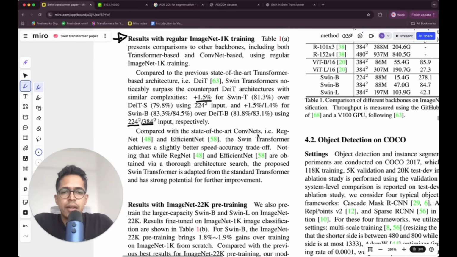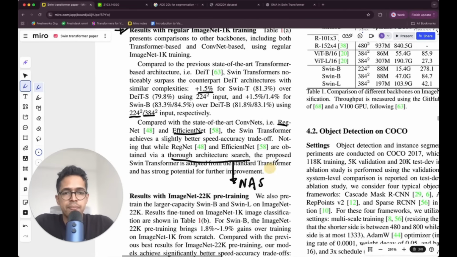Compared with the state-of-the-art ConvNets, that is RegNet and EfficientNet, which were also used in the data efficient image transformer paper to compare against, the Swin Transformer achieves a slightly better speed-accuracy trade-off. Note that while RegNet and EfficientNet are obtained via a thorough architecture search, that is NAS, the proposed Swin Transformer is adapted from the standard transformer and has strong potential for further improvement.